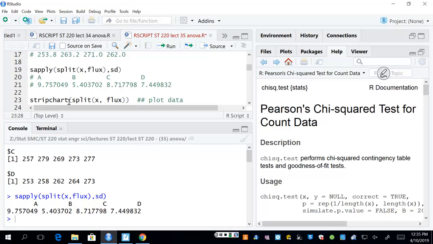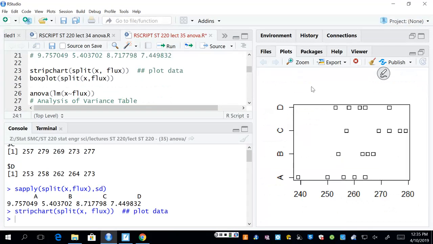For data this size, R has something called a strip chart. There are different things like dot plots and so on. What this will do is make this little plot here, and it actually shows you the different values. So here are the values of A, the values of B, C, and D. Here are the 5 values there. This looks like 4, so maybe there's a tie.